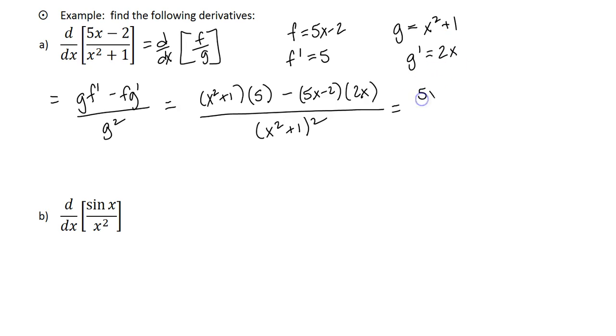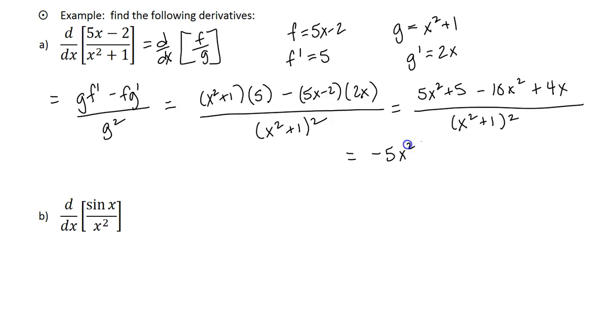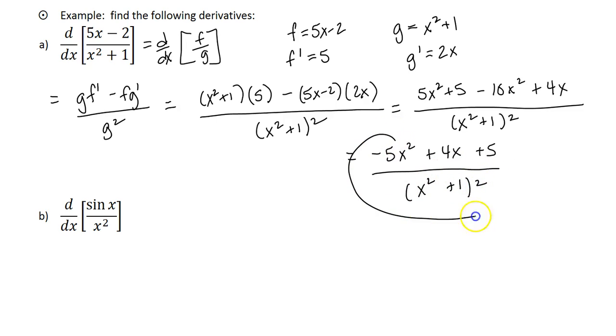So this is going to be 5x squared plus 5 minus 10x squared plus 4x, all divided by x squared plus 1 squared. And then I can combine the x squared terms on top, so that'll be negative 5x squared plus 4x plus 5 divided by x squared plus 1 squared, and nothing will cancel, so that is my final answer.